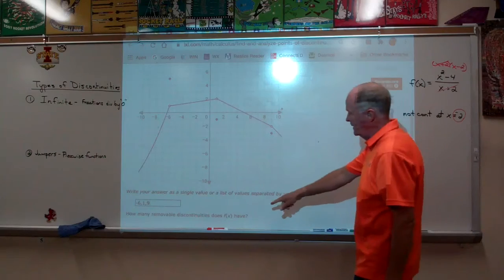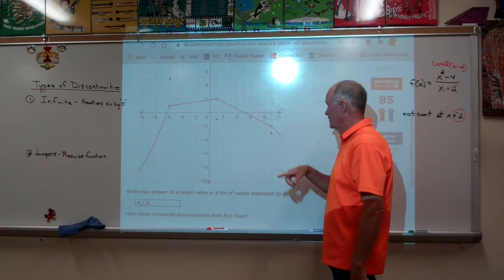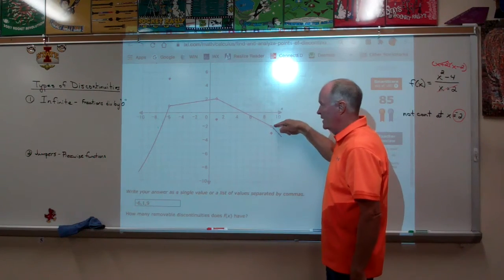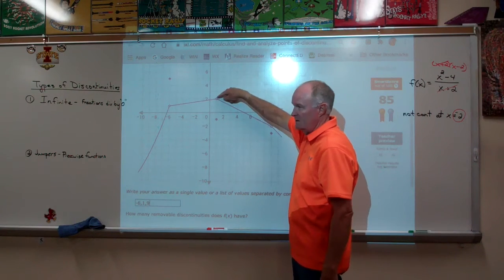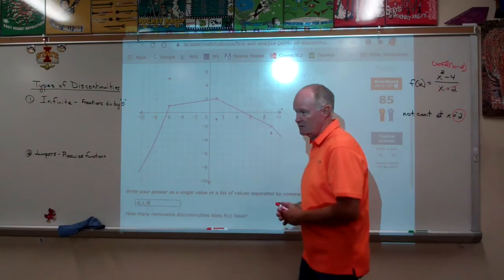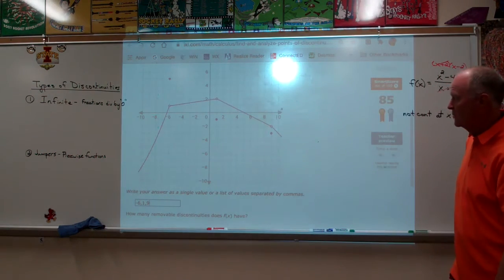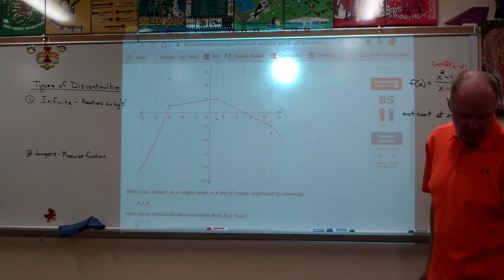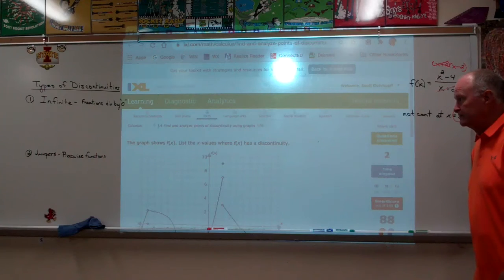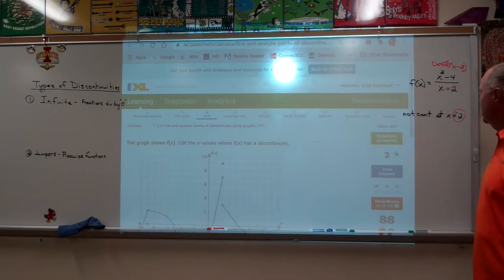And they're going to ask how many of those are removable. Well, there's one there that's got 2 lines coming out of it, one there that's got 2 lines coming out of it, and another one there. So all 3 of those are actually removable, and then we put that in there for what we need. 3 and go. Okay. So that's how you finish up I-4.